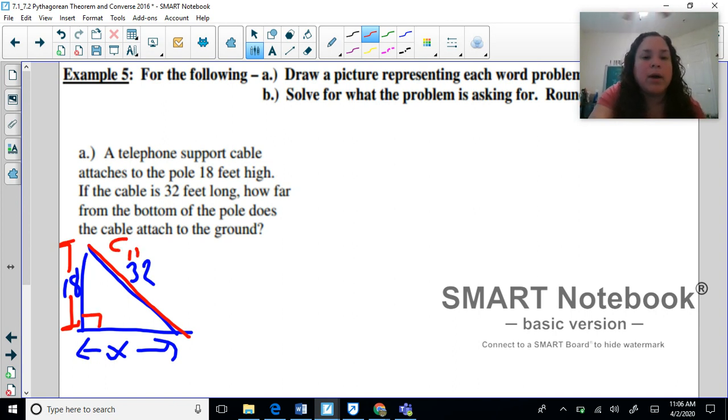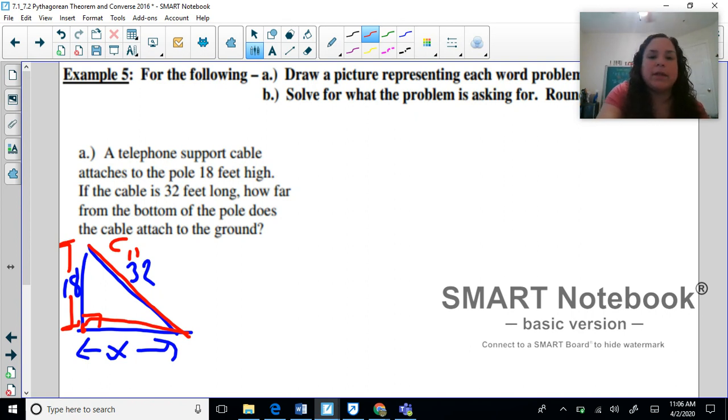They want to know how far from the bottom of the pole does the cable attach to the ground? So the x is the base of the triangle.